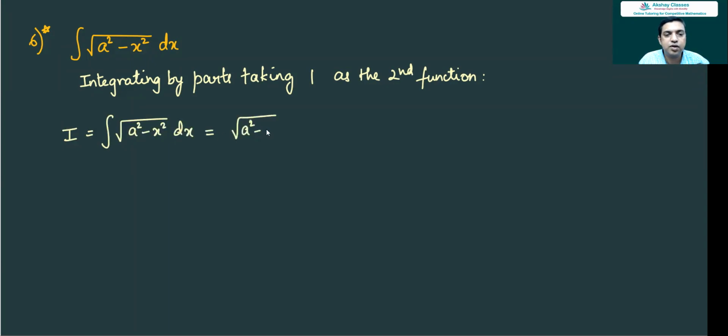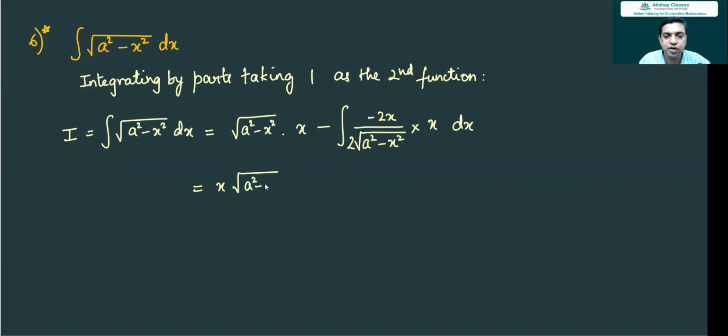Under root of a square minus x square times integral 1, which is x, minus integral of derivative of the first, which is 1 upon 2 root a square minus x square multiplied by the derivative of a square minus x square, which is minus 2x, times integral of the second. So we get x under root of a square minus x square.